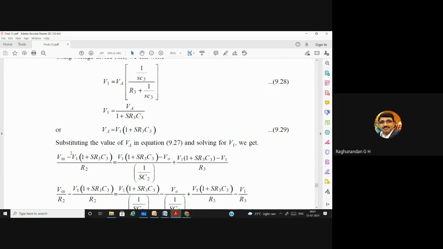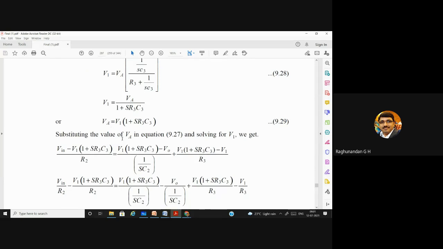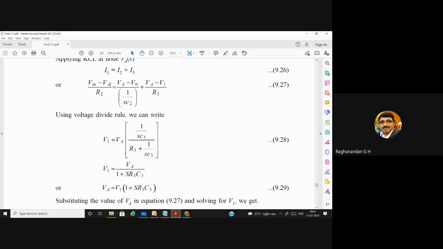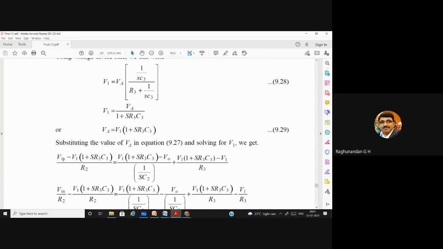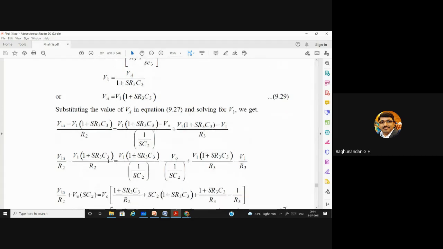Now substituting this VA value in the above equation, wherever we have VA, the further process is simplification. We split it up: Vin by R2 minus V1 into 1 plus SR3C3 by R2 is equal to V1 into 1 plus SR3C3 by 1 by SC2, minus V0 by 1 by SC2, plus V1 into 1 plus SR3C3 by R3, minus V1 by R3.